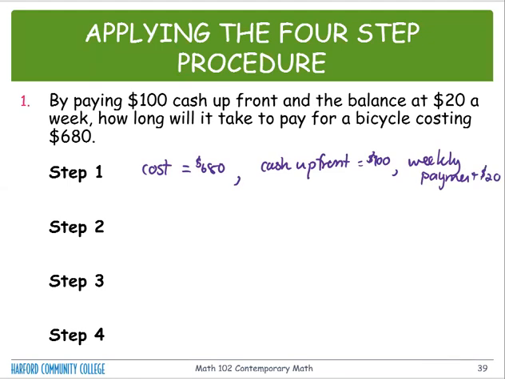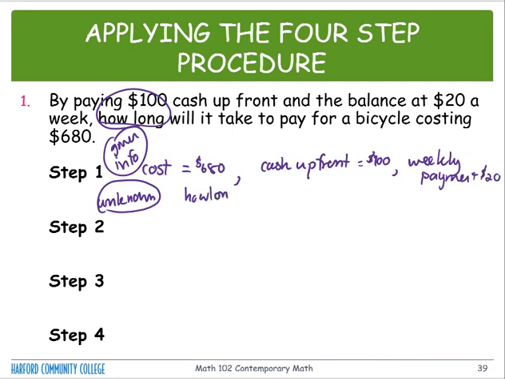What do we have to find? We have to find how long. So this part is given information, and the unknown is how long it will take to pay off the bicycle costing $680.